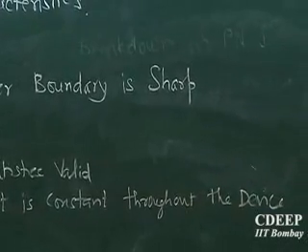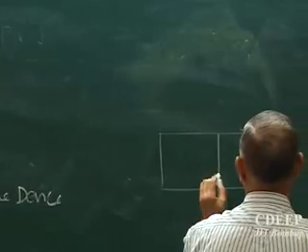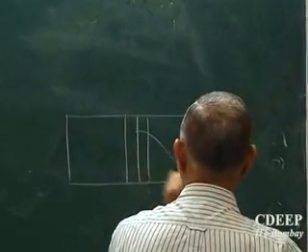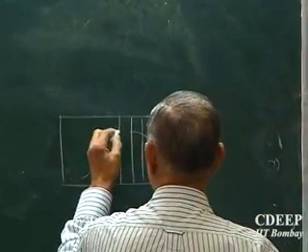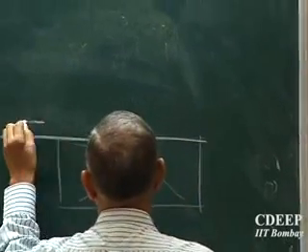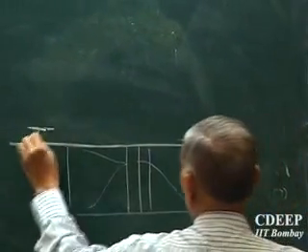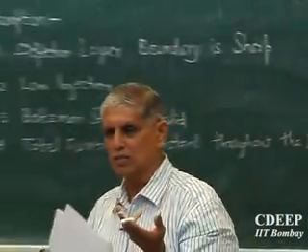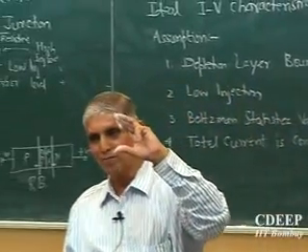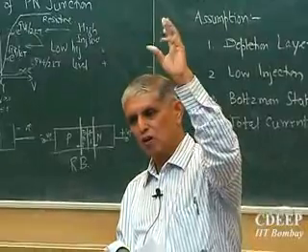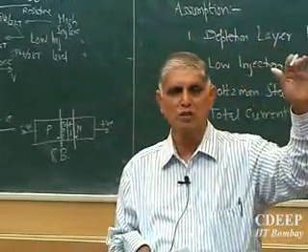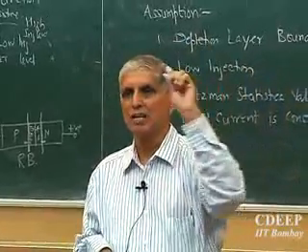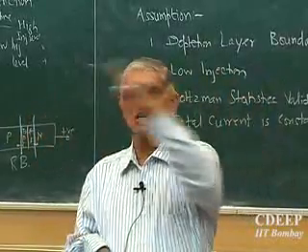Which means, if this is a device, and one current is something like this and the other current is something like this, some constant current J must flow. At different points the electron and hole currents may not be the same, but the total sum of them must be constant. So J is universally constant in the device. Every space point, J is constant, from end to end.